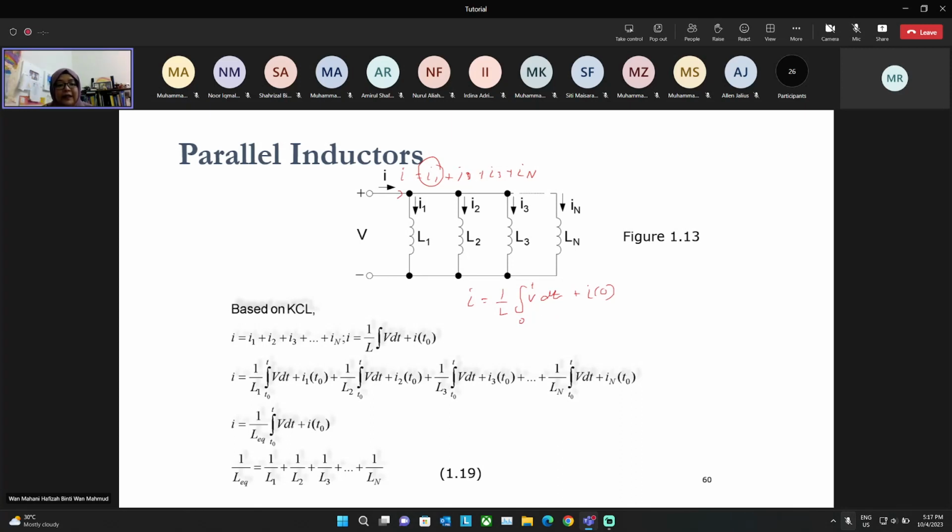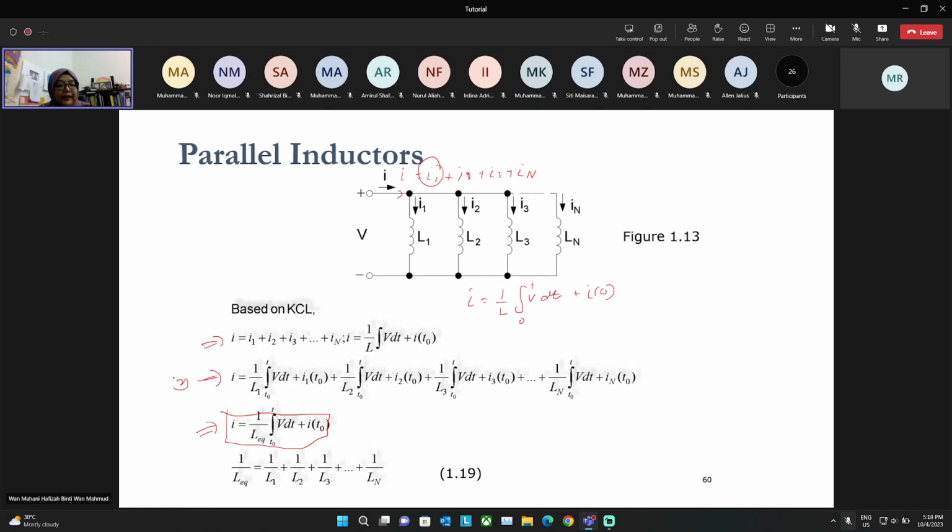Okay, so if you substitute the Kirchhoff current law tadi, yang first equations ni, you can get this equation, equation kedua. Yang mana V adalah value yang sama. Yang berubah cuma value L dan juga initial value current lah. Okay, but at the same time, we know that untuk total, this is the equation. I equals to 1 over L equivalent integration from 0 to T V dt plus initial current.